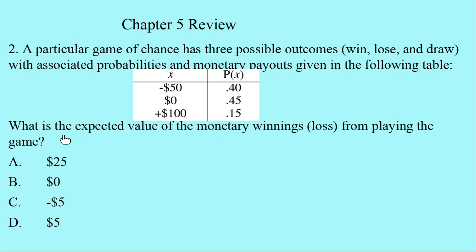So the question is, what is the expected value of the monetary winnings or loss from playing the game? A, $25. Okay, you're already saying you lose $5. Is that it? Okay. Very good. That is correct.